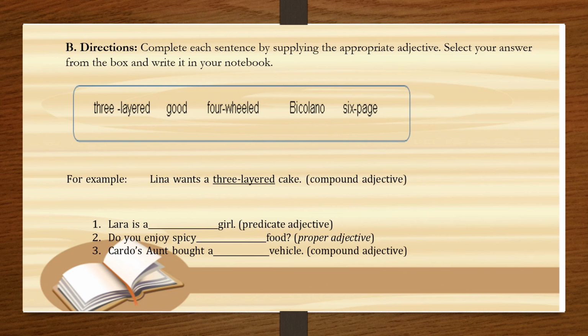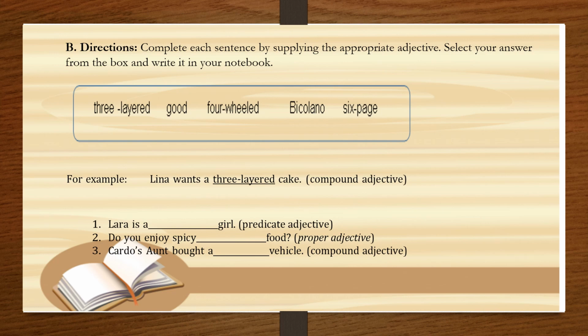Okay, so the choices are inside the box: 3-layered, good, 4-wheeled, Bicolano, and 6-page. For example, Lina wants a 3-layered cake. So 3-layered is a compound adjective. So number 1, Lara is a blank girl.